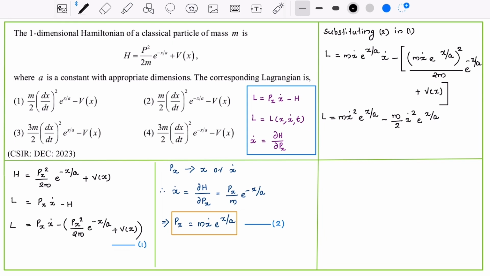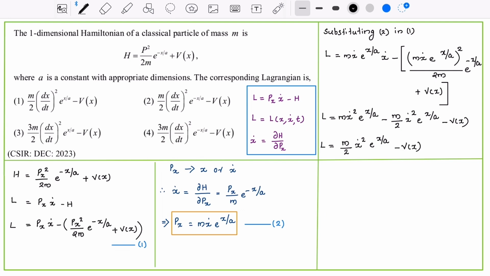That will be e raised to x by a. Again we have the term V of x. That is, our Lagrangian is m by 2 x dot squared e raised to x by a minus V of x.